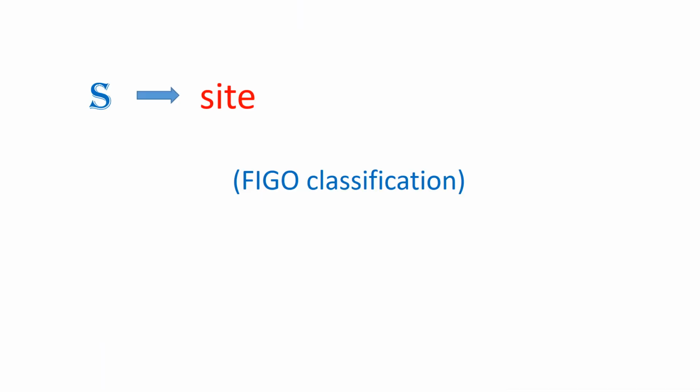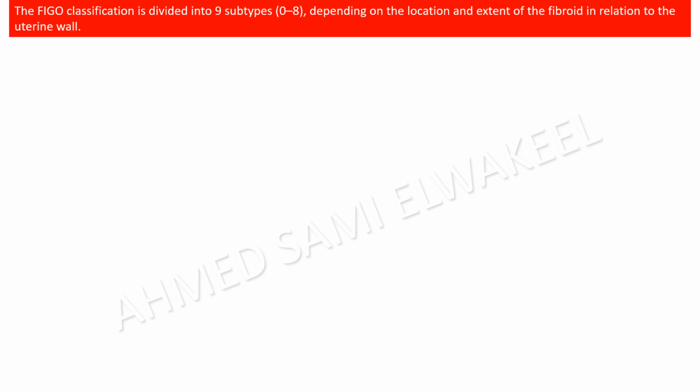And now S for site, according to FIGO classification. The FIGO classification is divided into 9 subtypes, from 0 to 8, depending on the location and the extent of the fibroid in relation to the uterine wall.